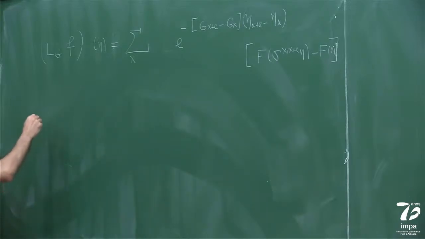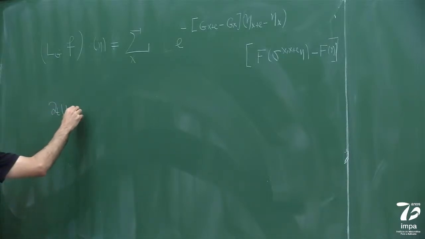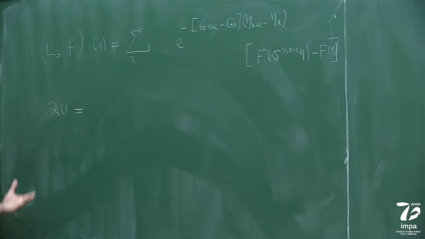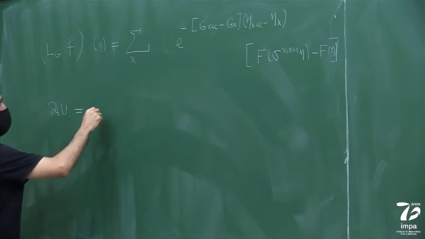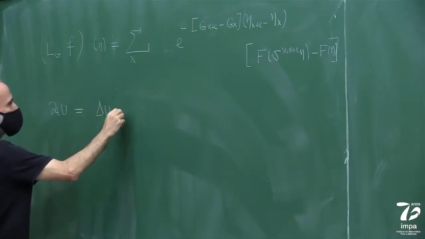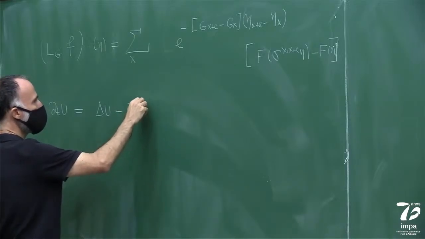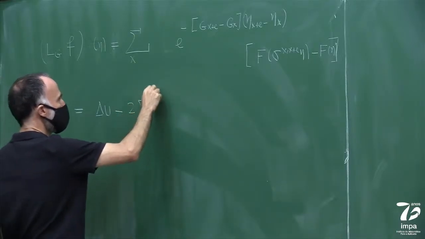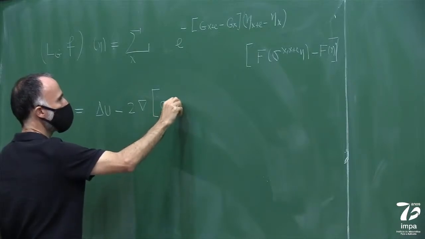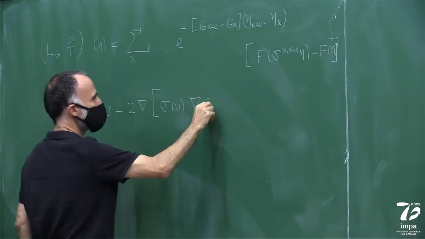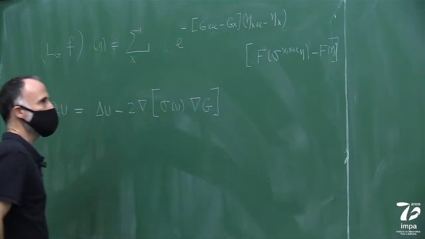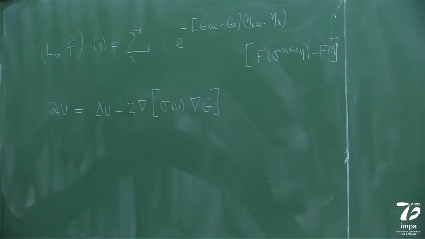And my claim is that, under this new dynamics, the empirical measure will evolve according to a new equation, which is this equation in which we introduce a perturbation, which is 2 times the gradient of sigma of u, the gradient of g. Okay, and this is what I want to show you.